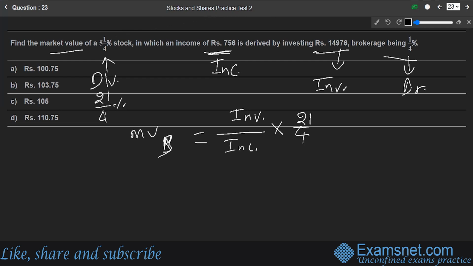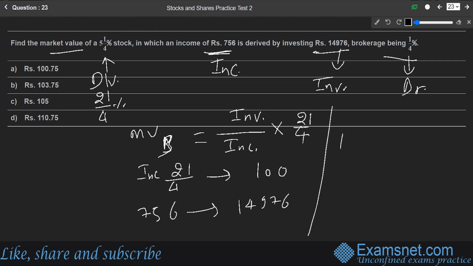Okay, so why did we do this? Because on a face value of 100, we can do it like this: an income of 21 by 4 is fetched when the market value is 100 rupees, and here he's saying an income of 756 is fetched when the market value is 14,976.